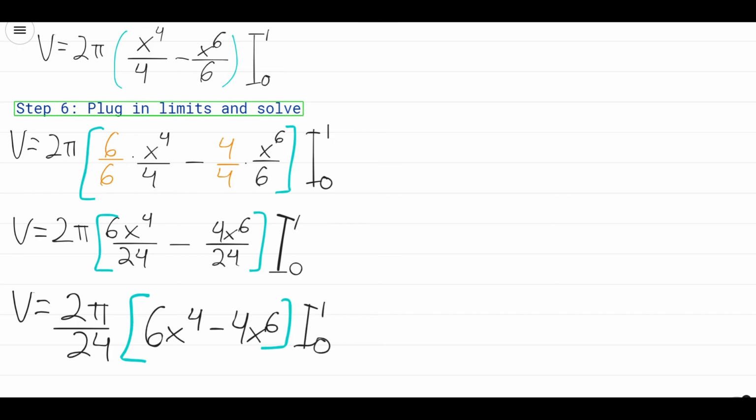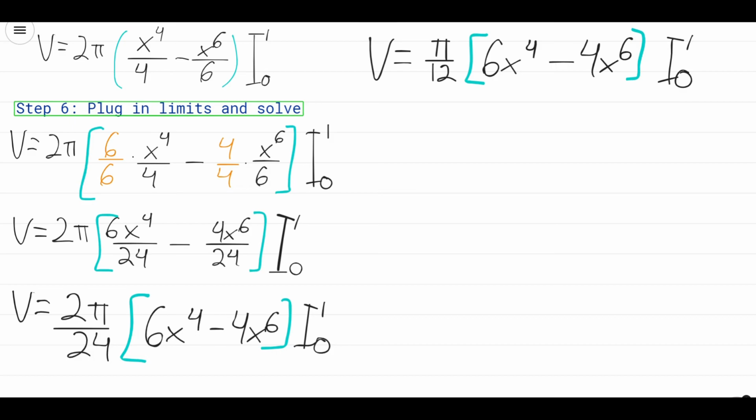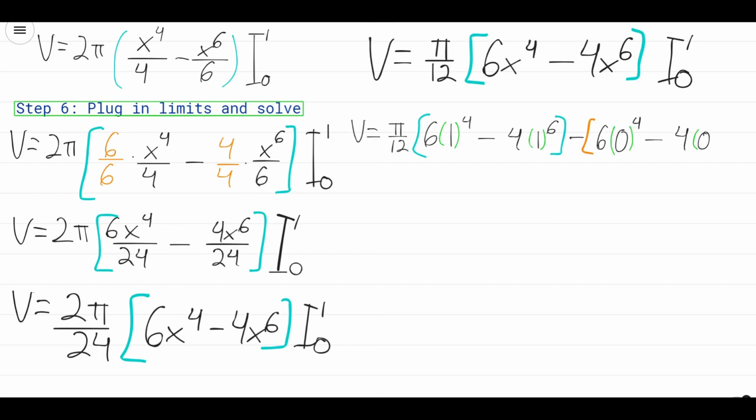So now I'm going to simplify and plug in. So I know the volume is equal to pi over 12 of 6x to the fourth minus 4x to the 6th, bounded from 0 to 1. So now when I plug in, I get 6 times 1 to the fourth power minus 4 times 1 to the 6th power, minus 6 times 0 to the fourth power minus 4 times 0 to the 6th power. And I know those last two terms zero out.